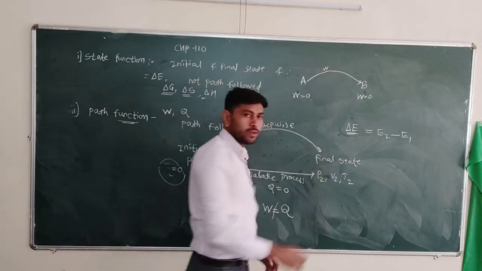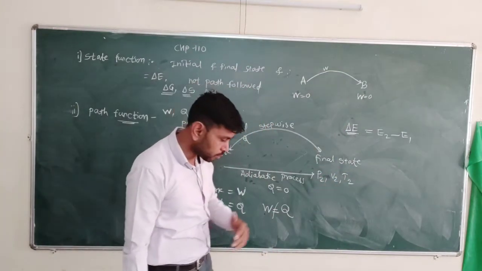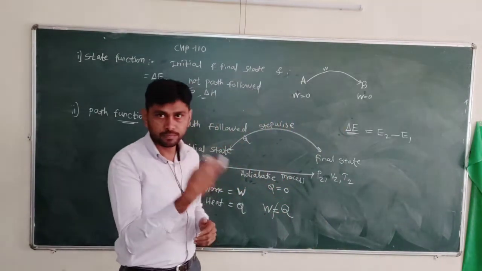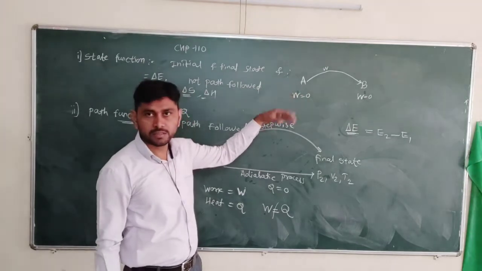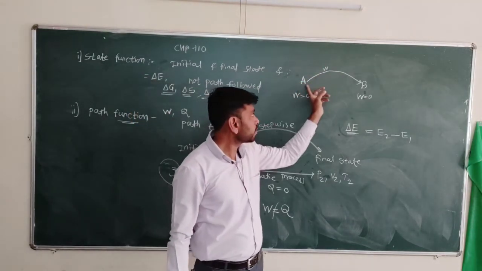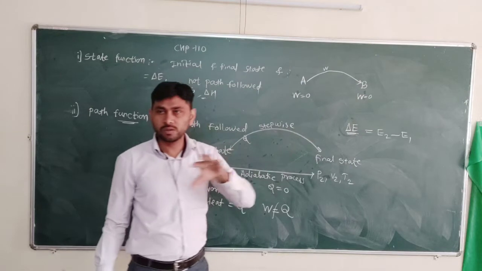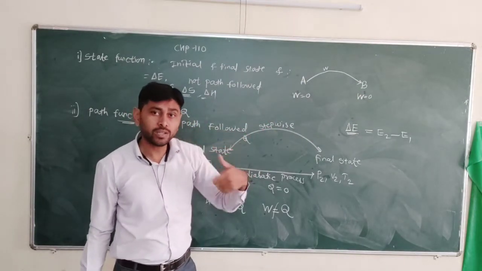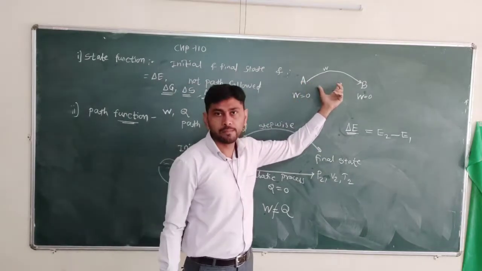Work has some value. If you are moving from one point to another point, you are doing work. You are proceeding with some energy. So work is done during the process. So that is a quantity. Work is a quantity which occurs during the process only. That's why it is a path function.